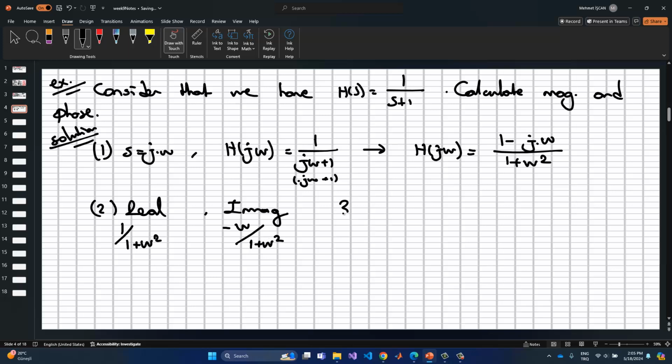Okay, and so our magnitude can be combined with this information, or we can take the absolute values of the real and imaginary parts to find the Pythagorean hypotenuse.